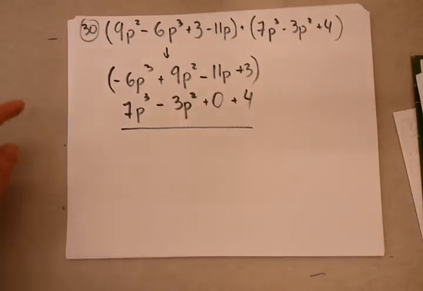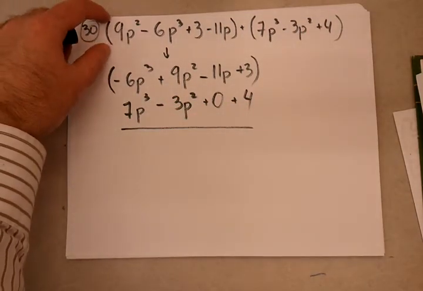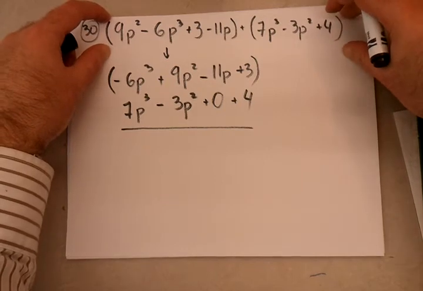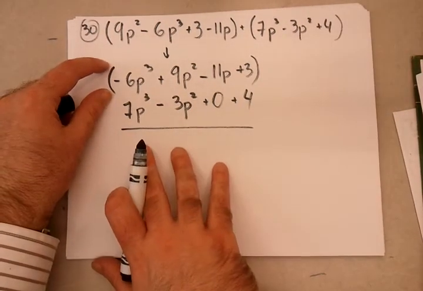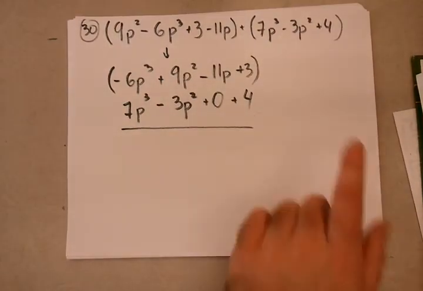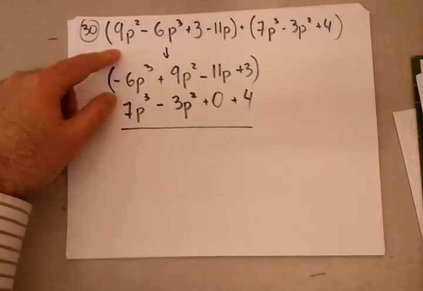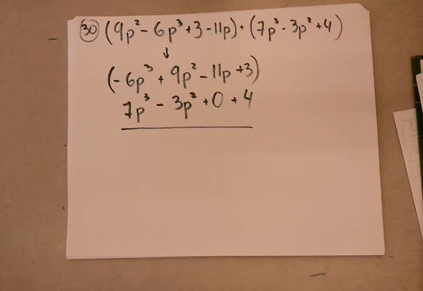But this is why it's important to make sure before you do the stacking method that both polynomials are in standard form. Because if I were to put this as is and write this down underneath it, I would have the 7p third and the 9p squared lined up, and that would be very bad because you can't do anything with a second degree and a third degree monomial. They have to match degrees.